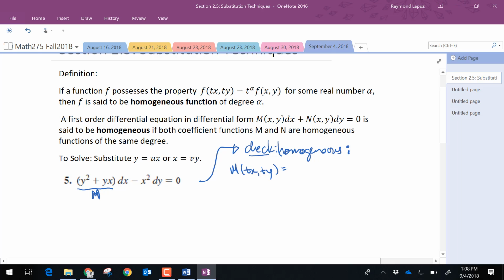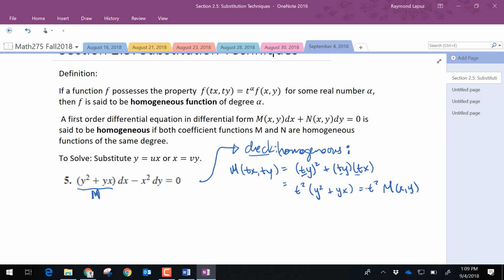In your M function, you're going to put t times y, and that whole thing is going to be squared, t times y times t times x. And if you can somehow fiddle with this, mainly factoring out a t, so there's a t squared that we can factor out, then after we factor out the t squared, all we have is y squared plus y times x. And that looks just like the original M function that we had with the t squared factored out.